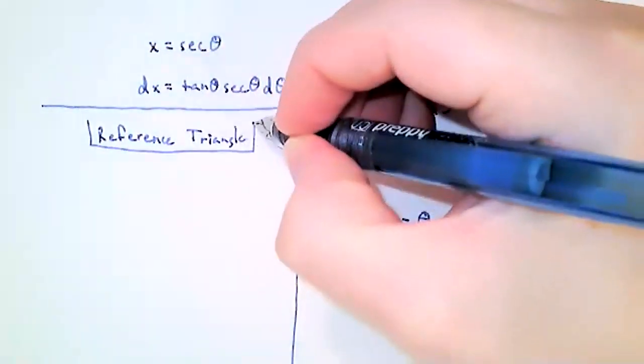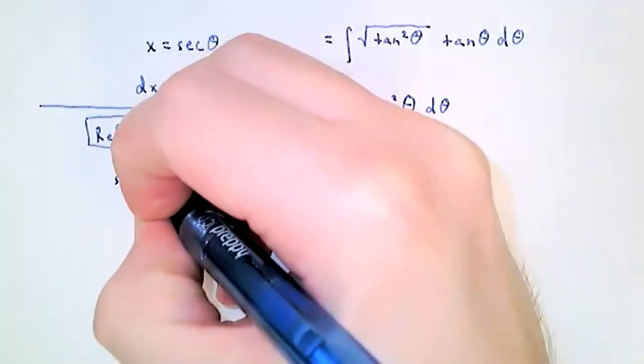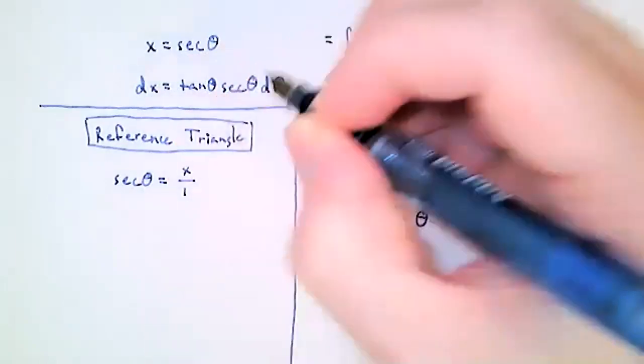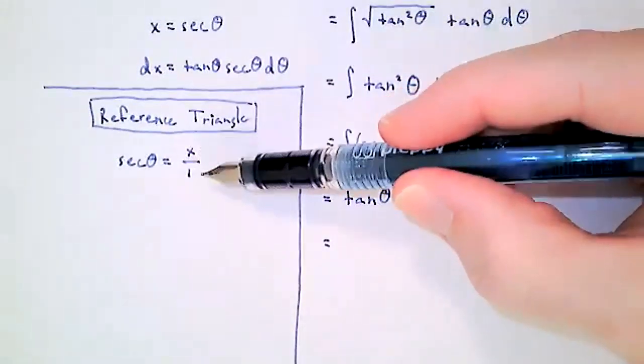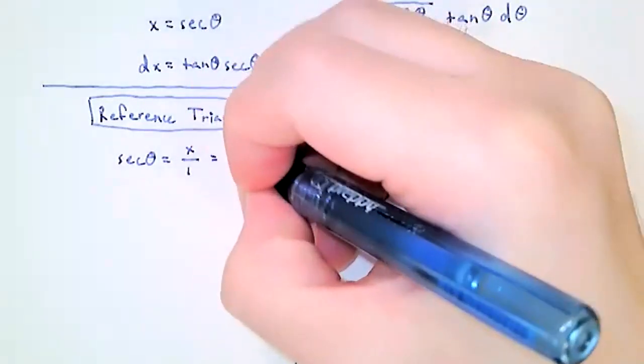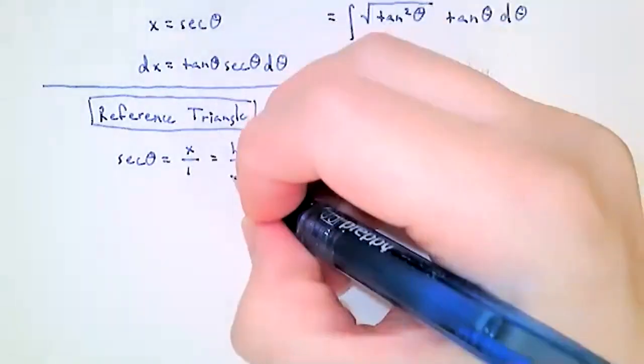And secant theta is equal to x. But remember, I want to think about this as a fraction, as the hypotenuse over the adjacent side in this case. So I'm going to write it as x over 1.